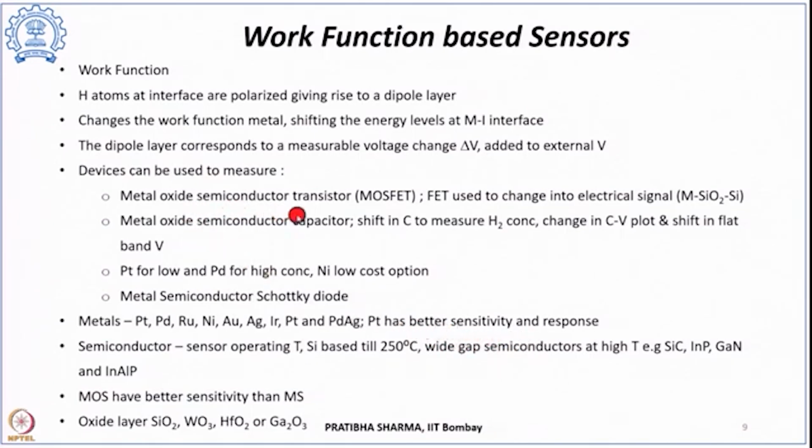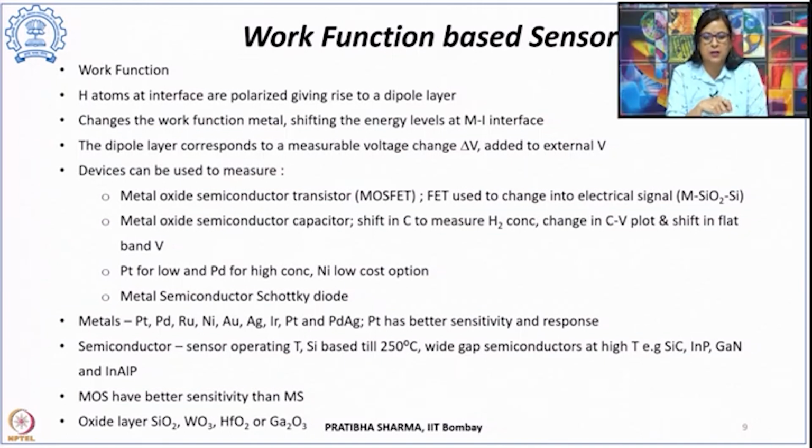The semiconductor which is used here actually depends upon the sensor operating temperature, and accordingly that semiconductor can be selected. So for a temperature operation in a range of, say, up to 250 degrees centigrade, silicon can be used. However, if it has to be operated at a higher temperature, then wide band gap semiconductors can be used, like silicon carbide, indium phosphide, gallium nitride or indium aluminum phosphide.